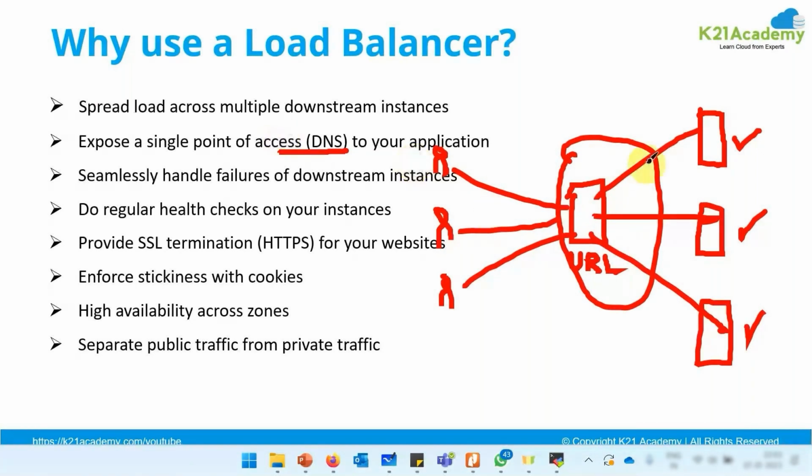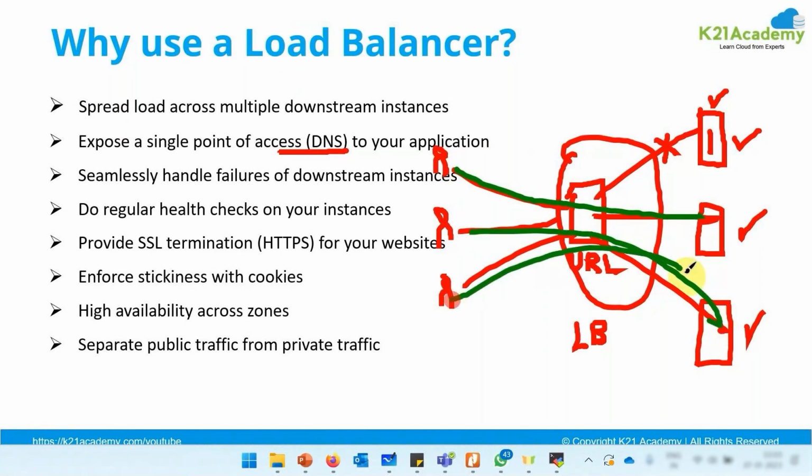This load balancer will keep on monitoring the instances, whether they are in a healthy state or not. Suppose the services on server number 1 are not functioning properly. It will remove server number 1 from the list, and all the user requests will now be forwarded to server 2 or 3.